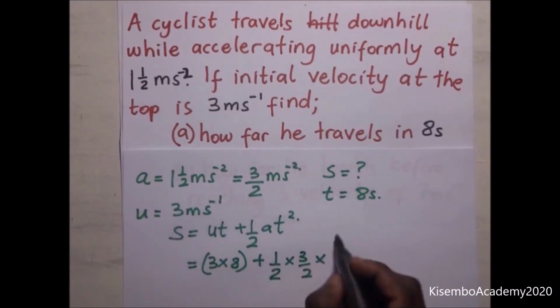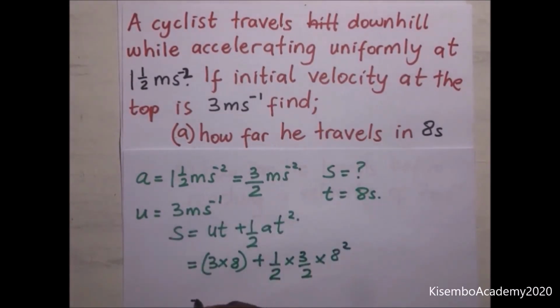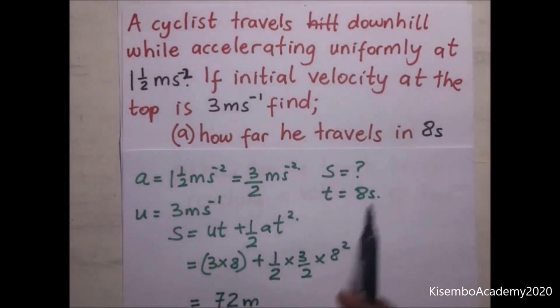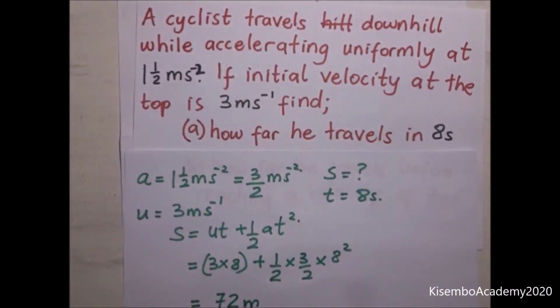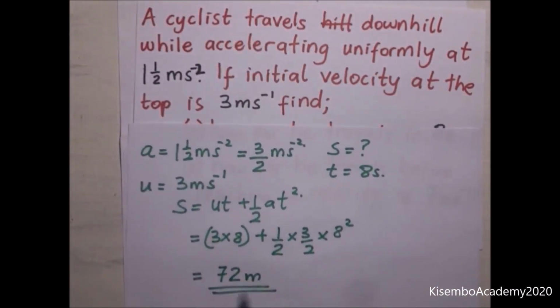Our value of t is 8, so it is 8 squared. And therefore when we sum all this up, we end up with 72 meters. So it means that in 8 seconds, the cyclist will have traveled 72 meters, and that's our answer.